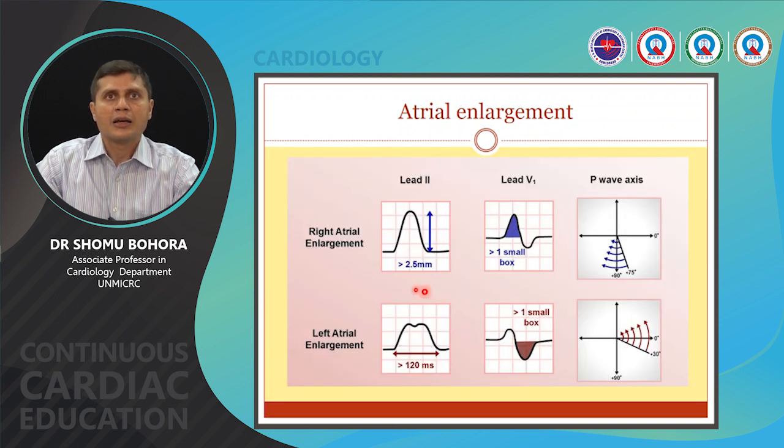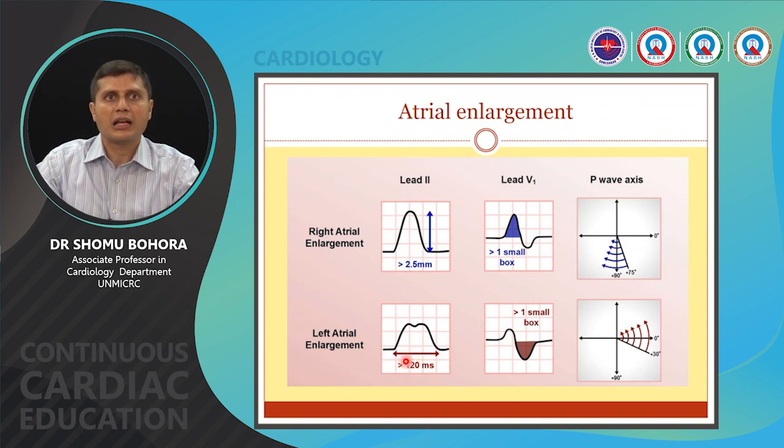Again, revising the same, in lead 2 an increased height of more than 2.5 mm, with lesser terminal negativity but an increase in the initial part of more than 1 box, is suggestive of a right atrial enlargement, and it may be associated with a right axis deviation of the P wave.